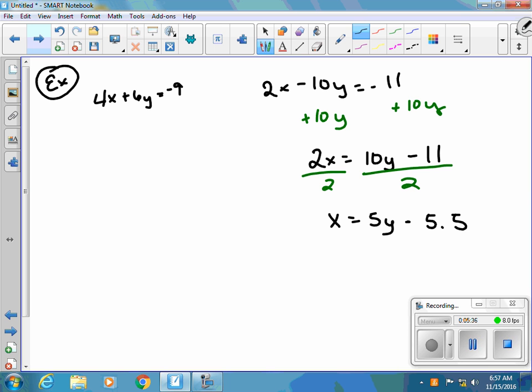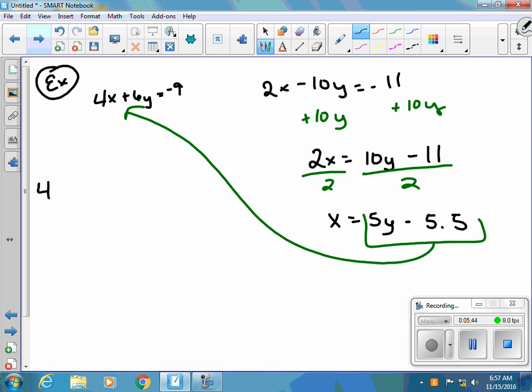So now I'm going to take that value and plug it in. So now I've got 4 times, leave that blank for right now, plus 6y equals negative 9. So now I can plug that in. So it's 5y minus 5.5.